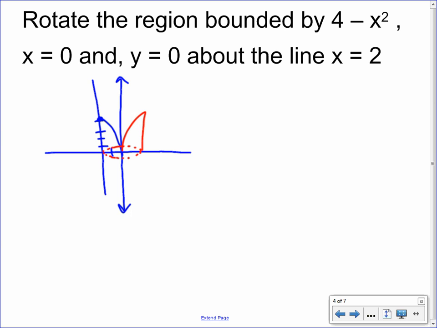So here is my parallel rectangle, which means we're integrating with respect to x.